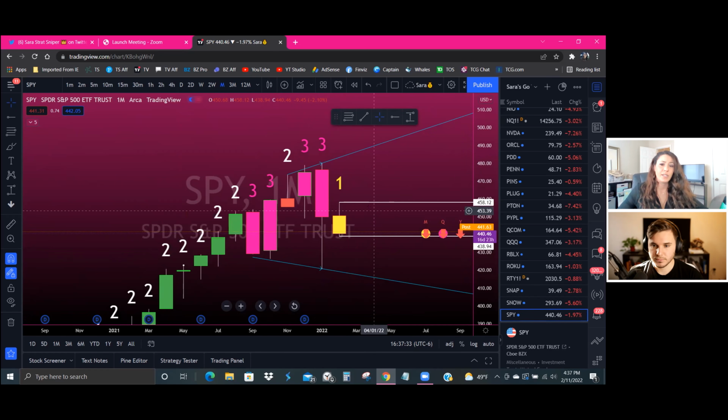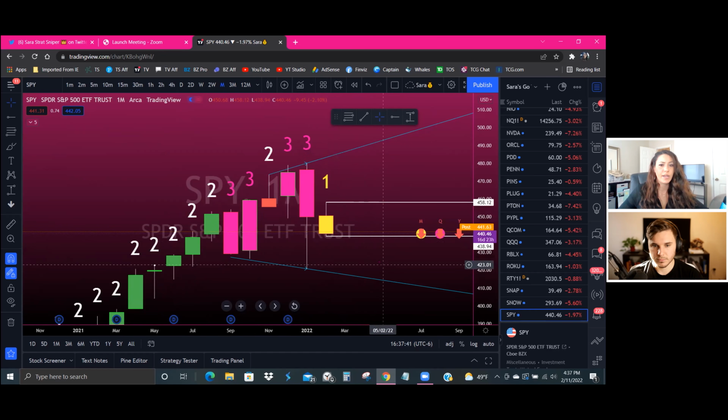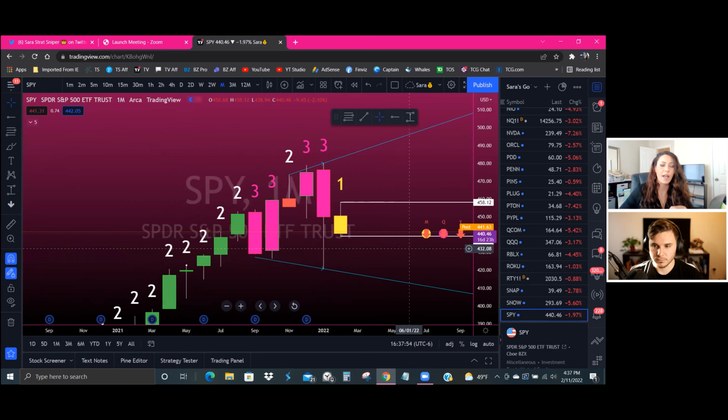So my position size is based on a dollar amount. It's a bit easier with options, I feel like, because I know exactly what I'm risking based on the option price, and I don't have to calculate how many shares I'm buying.